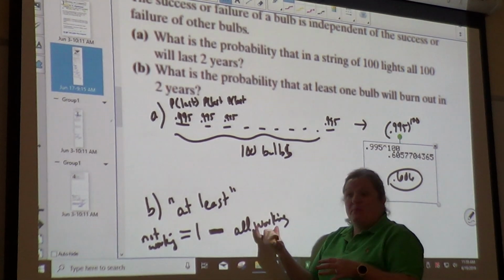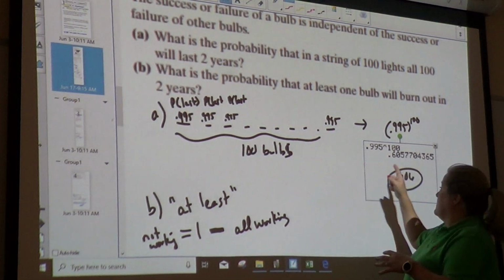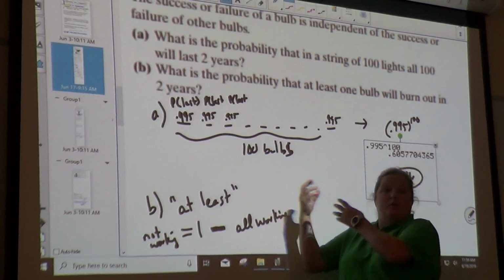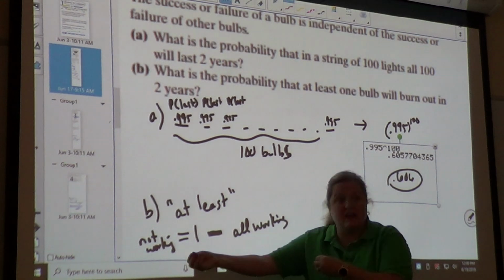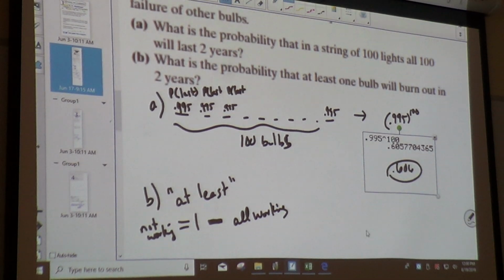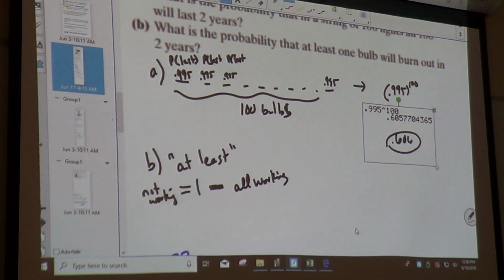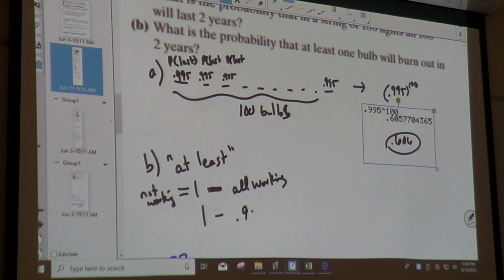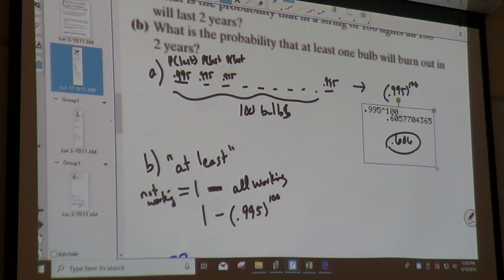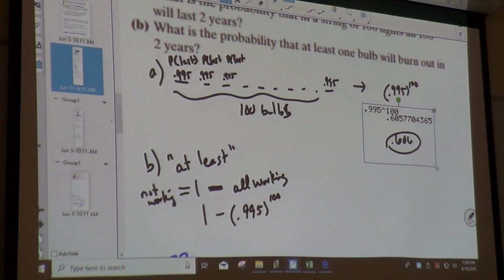So, how many were working? 0.606. So if I take out the 0.606, then the rest are going to be all that were not working. And I don't like to round, so I'm going to do 1 minus 0.995 to the 100th. So I'm taking out the working ones, and that's going to give me the not working ones.